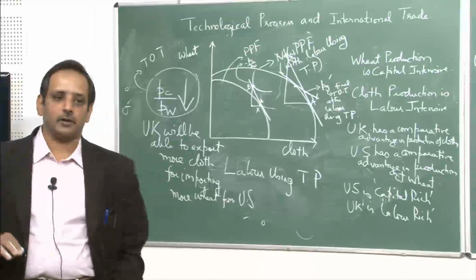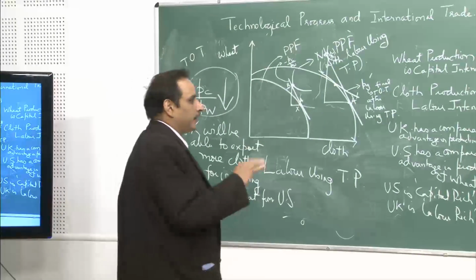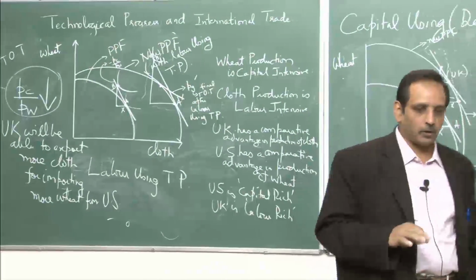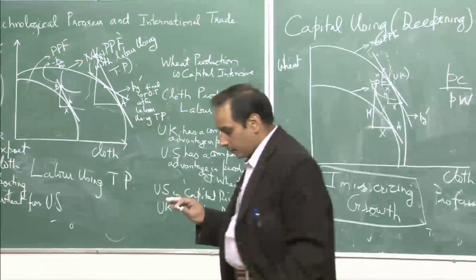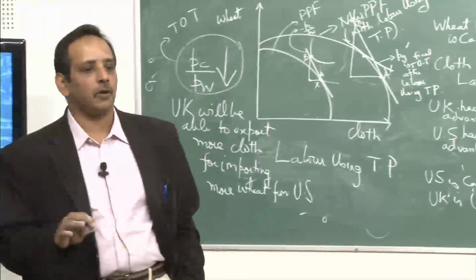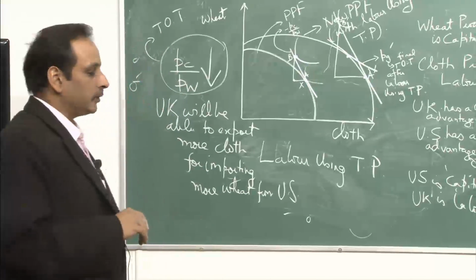So today we saw the definition of technological progress, and we defined 3 different types of technological progress. One, the Hicks neutral technological progress, the other was the labor using technological progress, and the third was the capital using technological progress.